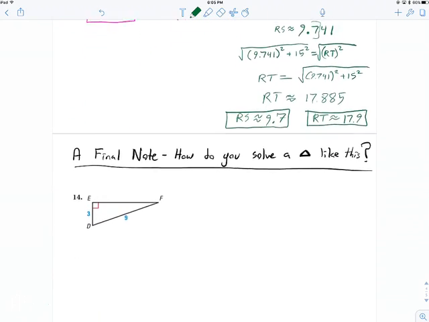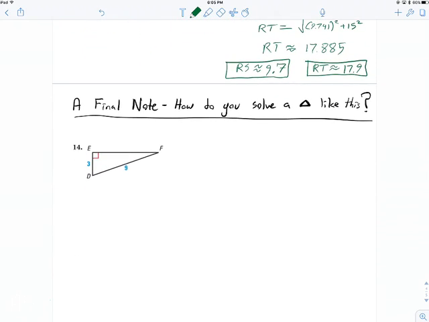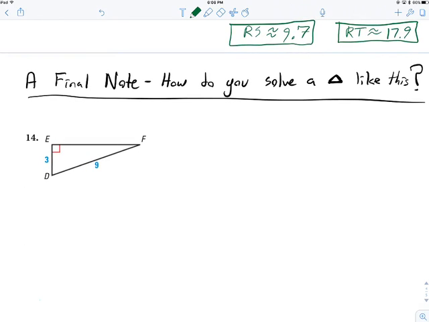If we go down here, and it says solve this right triangle, well, looking at it, I could find this missing side for sure. I could just go 3 squared plus b squared equals 9 squared. Or actually, you know what? I'm just going to go ahead and divide this by a scale factor of 3.